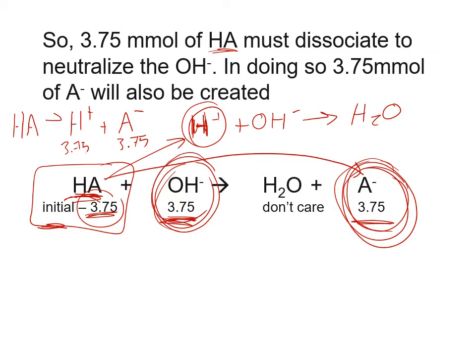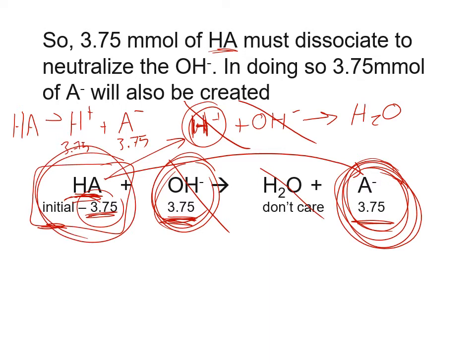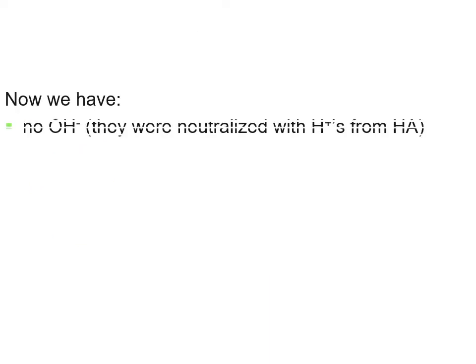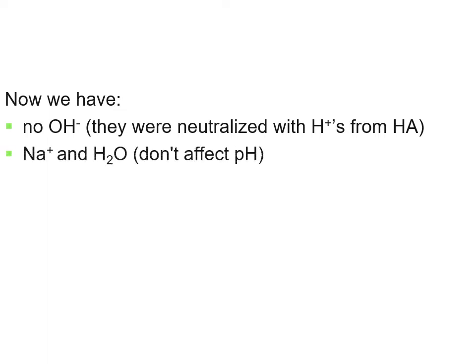The OH-s, they're going to neutralize with the H+s, so they'll be gone. The water we don't care about, but the anion and the leftover weak acid we do care about. We've got to figure out what those amounts are. So now we have none of the OH-, because again, the H+ from the acid has been used to neutralize those. The Na+ ions that came with the OH- from the sodium hydroxide, we don't care about. They don't affect pH.